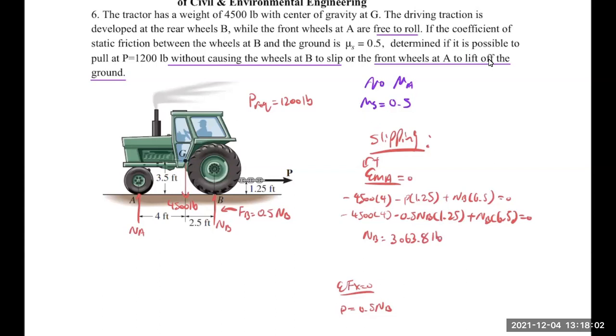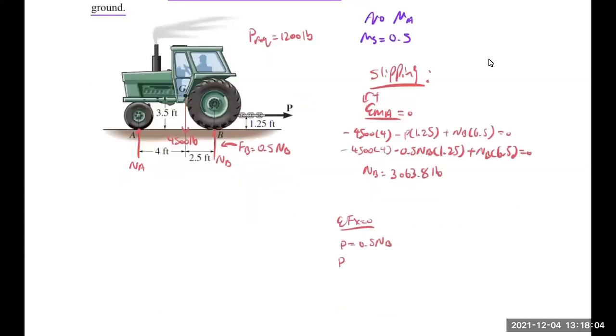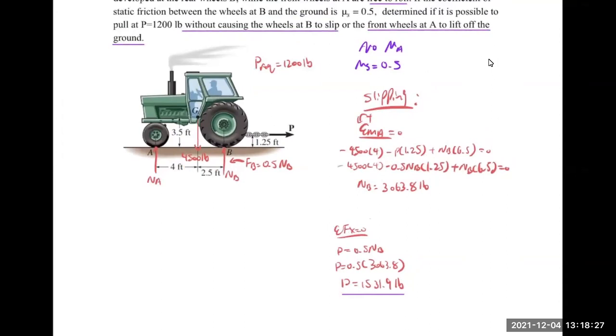Since NB is equal to 3,063.8 pounds, P will be half of NB, so P will be equal to 1,531.9 pounds. So that's the P if this thing slips.